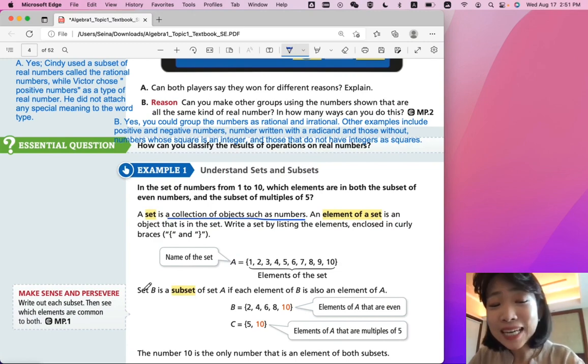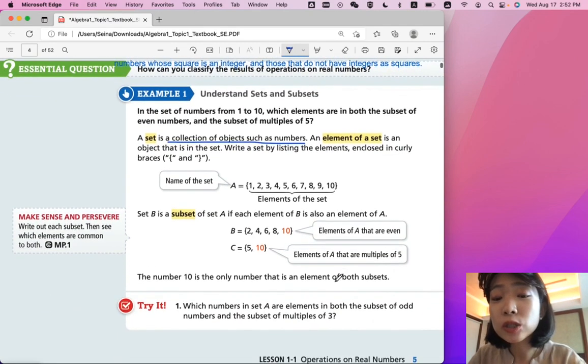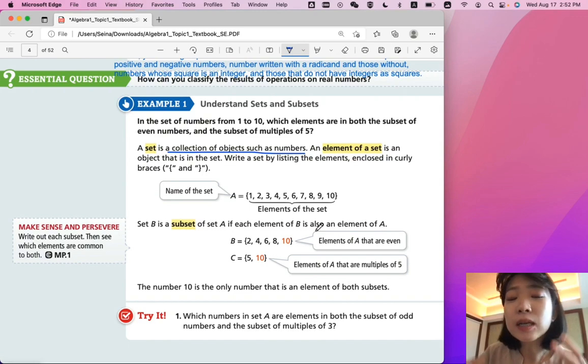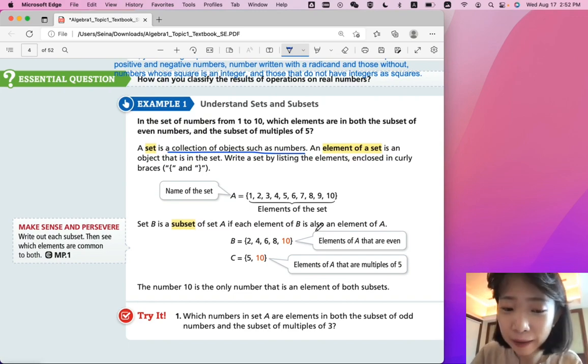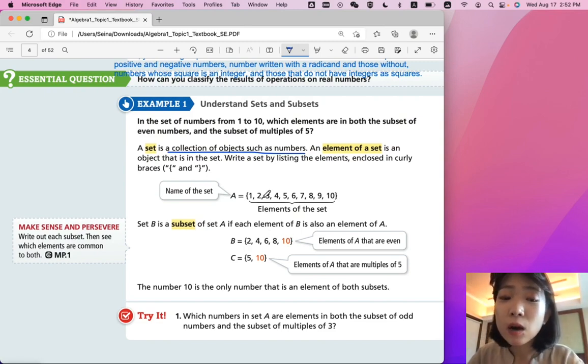Set B is a subset of set A if each element of B is also an element of A. So all the elements of B have to be in A in order for B to be a subset of A. So B, 2, 4, 6, 8, and 10 are all included in the set A, right? So B is a subset of A.